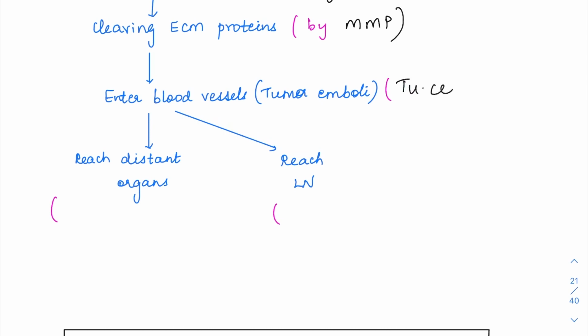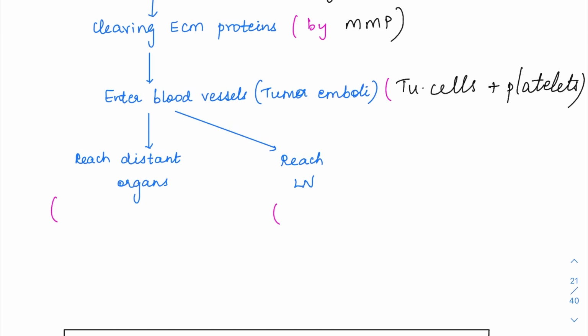So the body's platelets, along with that, it is going to form a tumor emboli, so that it is being masked. And then after forming this tumor emboli, it is going to travel in the blood system, and it is going to deposit at either a lymph node, or it is going to deposit in some other distant organ. So that is why they develop lymphatic metastasis, lymph node metastasis, or distant organ metastasis.